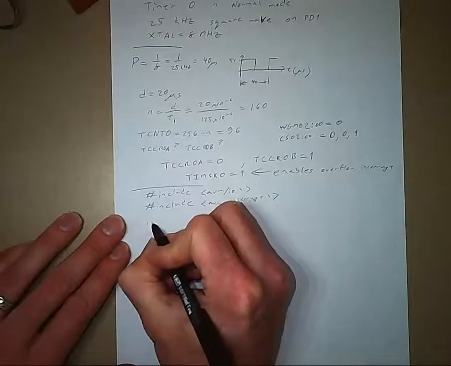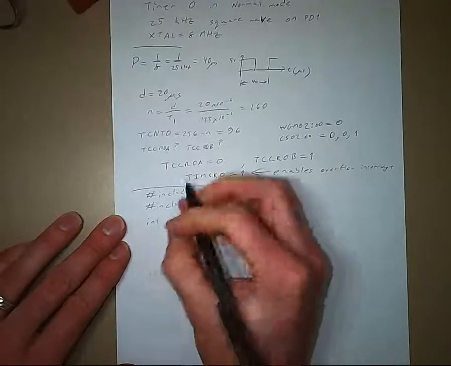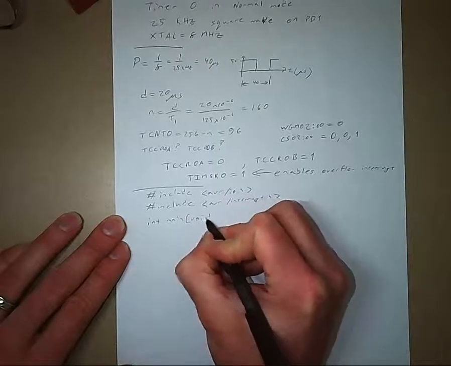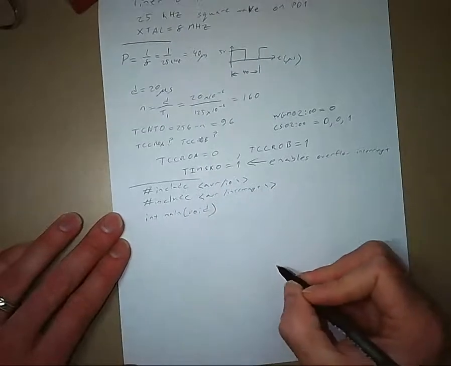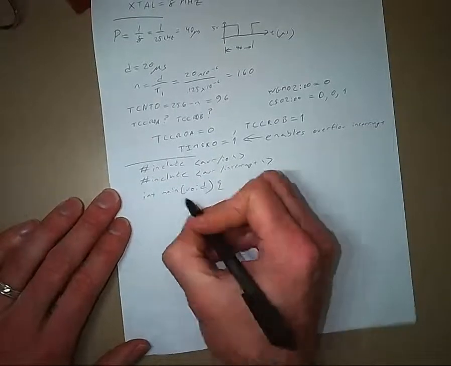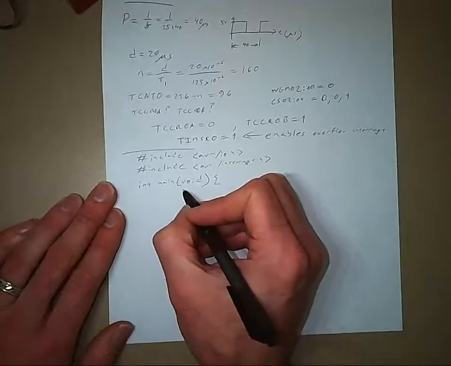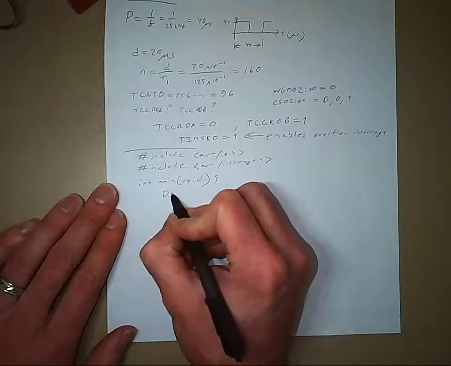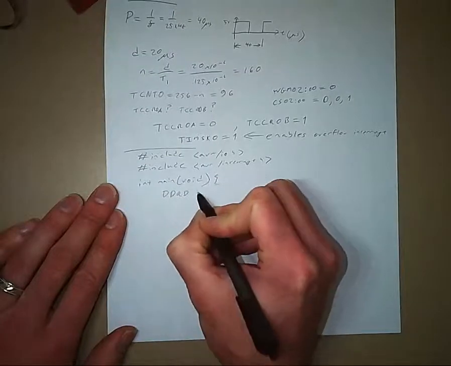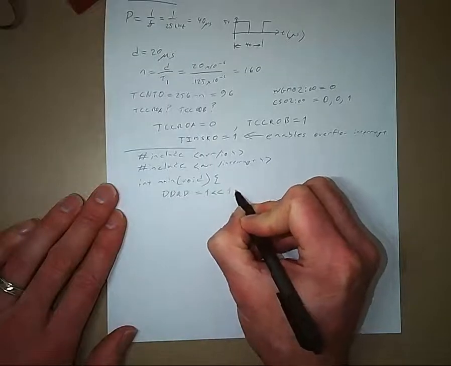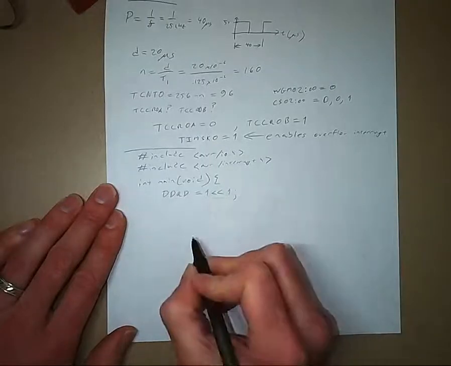And go ahead and find main. Well, let's start by setting up the IO pin. We need pin 1 of port D to be an output, so we'll write a 1 to that bit.